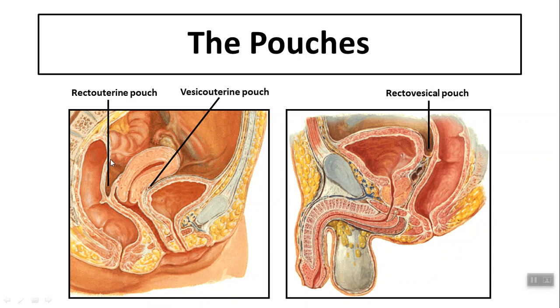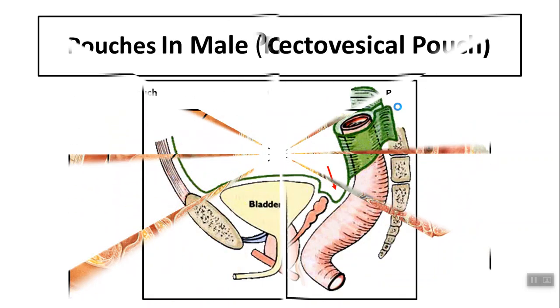Here, the peritoneum covering the rectum is reflected on the posterior surface of the uterus, forming the recto-uterine pouch in between the rectum and the uterus. Anterior to the uterus, the peritoneum is reflected on the superior surface of the urinary bladder. This is called the vesico-uterine pouch. While in male we have just one pouch, called the rectovesical pouch.